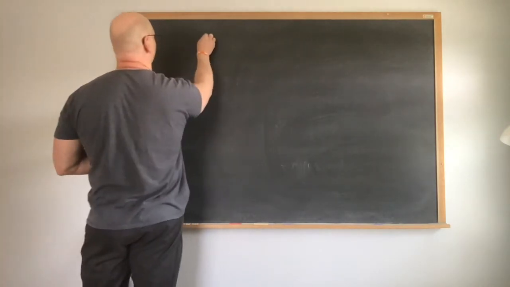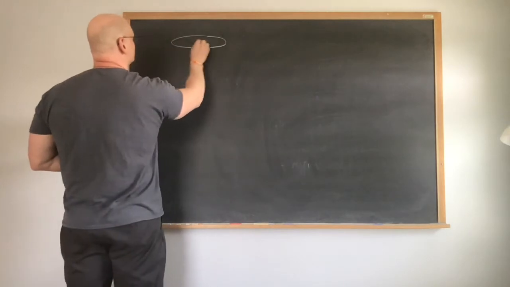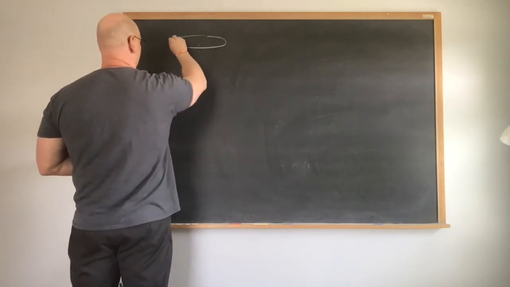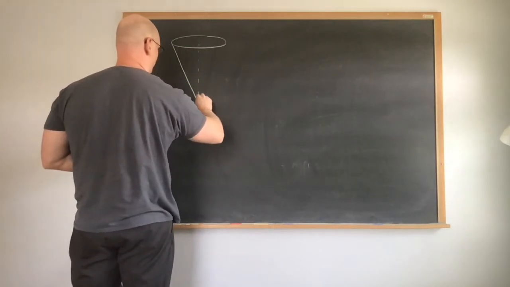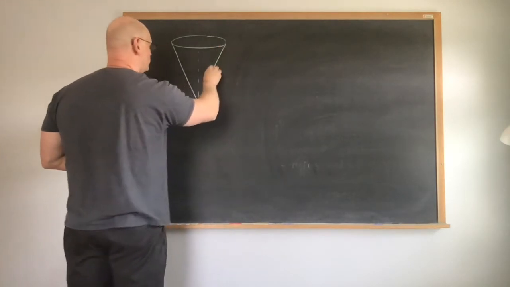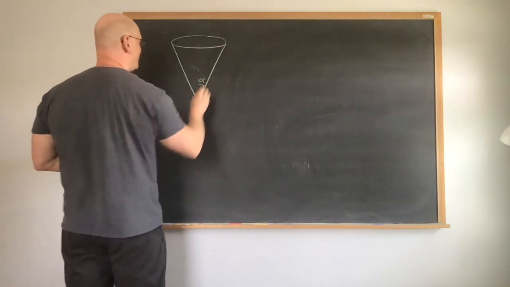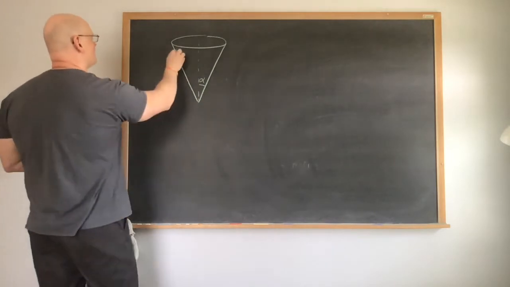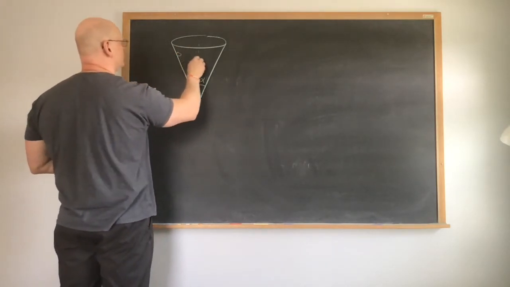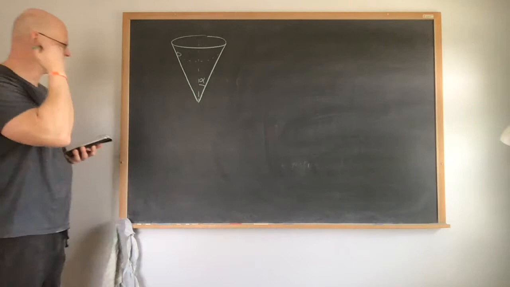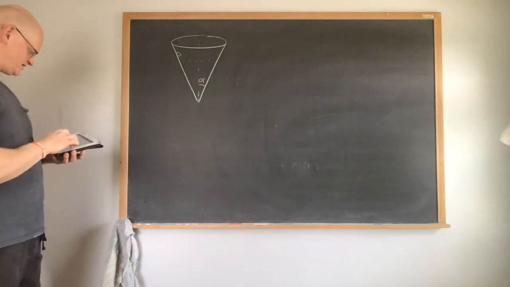So here is my cone, and this thing has a half angle of alpha, and my particle is going to move around basically inside of here. Okay, so it's constrained to move inside of the surface.